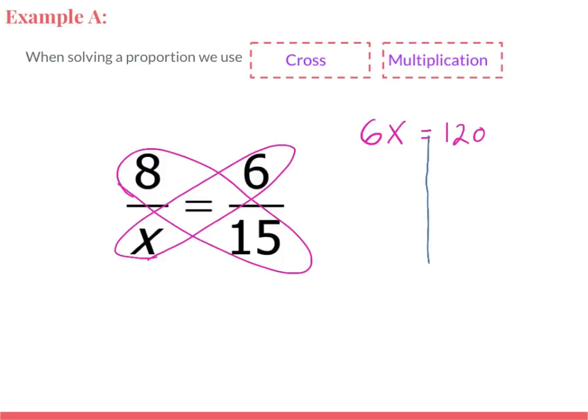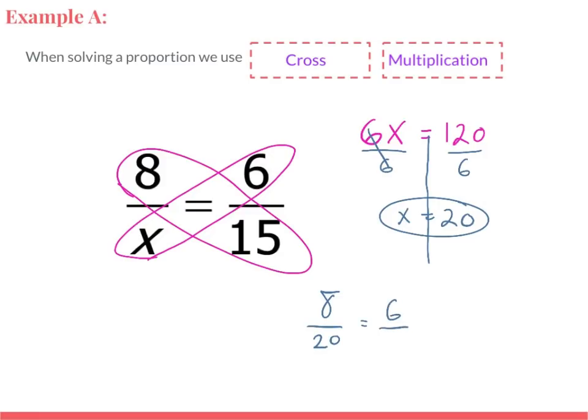My inverse operation of multiplication is division, so I'm going to divide both sides by 6. 6 divided by 6 is 1, or 1x, and 120 divided by 6 is going to give me just 20. So x equals 20. Another way to look at this is 8 over 20 is equal to 6 over 15. And now I have an equal proportion.